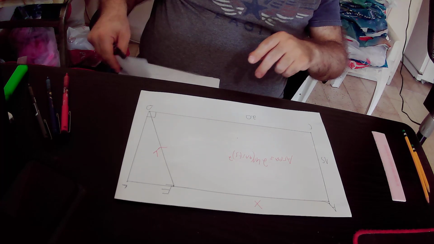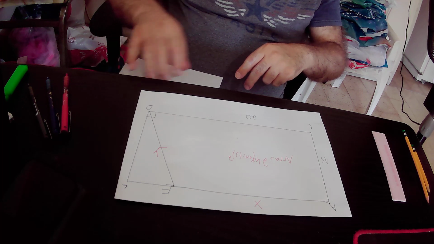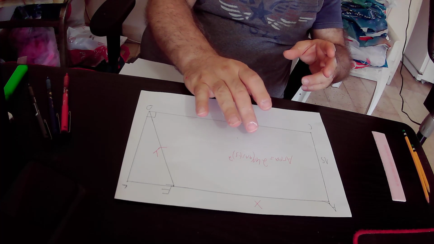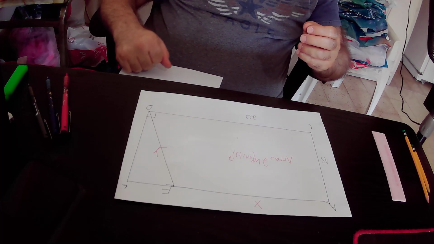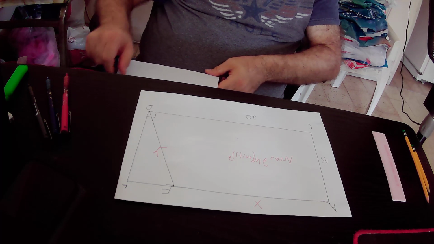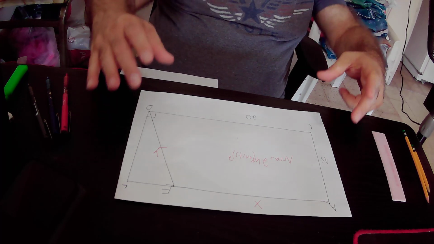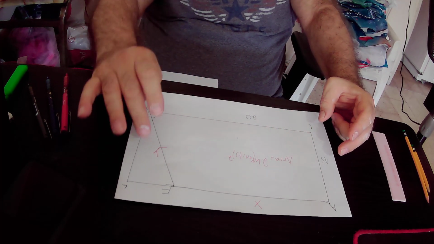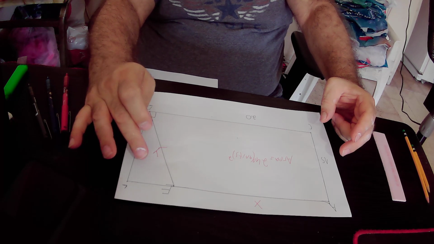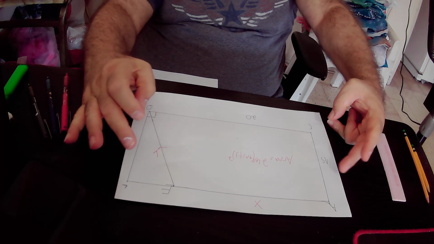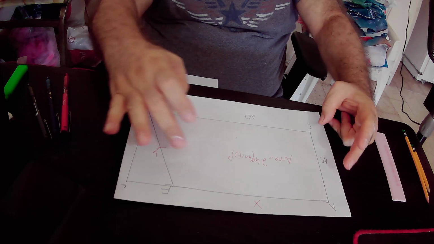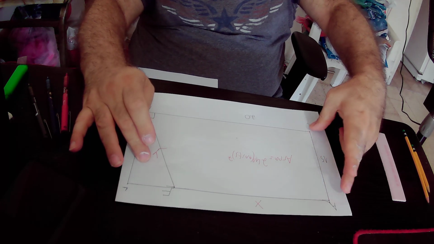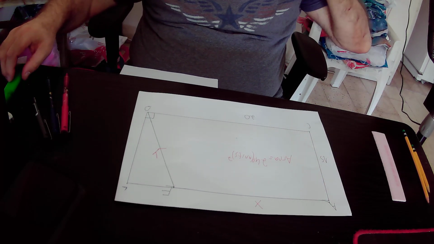But we know that the area of the white shape equals 240 units squared. So the area of the rectangle minus the area of the white shape will be equal to the area of this right triangle.